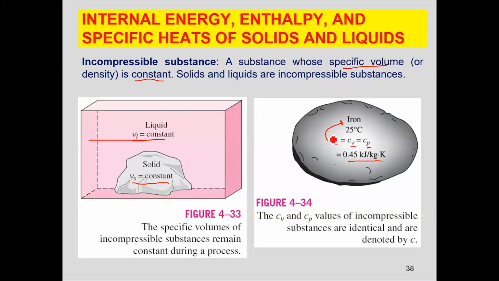Now, moving on, when you have to determine the internal energy changes for solids and liquids, the internal energy equation is essentially du equals Cv dT for gases. Cv dT is replaced by C dT, the specific heat having a relation with temperature for solids and liquids.